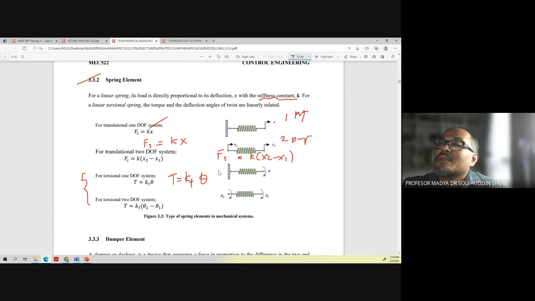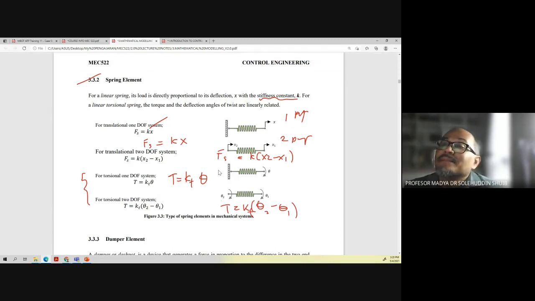But for 2 degree of freedom, we're going to get Kt, meaning torsional spring, times theta2 minus theta1, okay, which is torsional, right? This is for spring element. How do we represent it? Mass done. Now we did for spring.